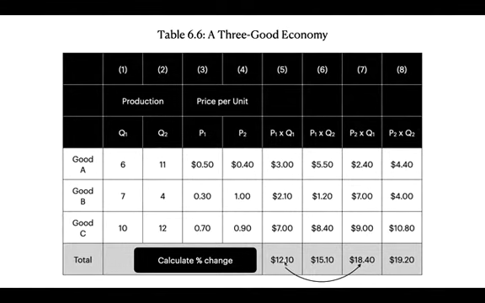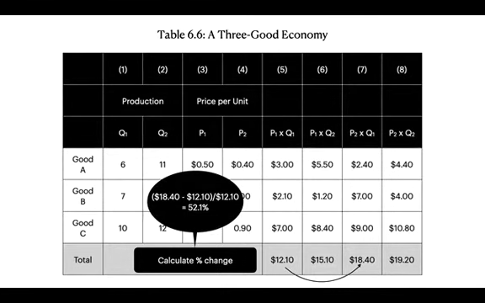So what we want to do is find the percent change between $12.10 and $18.40 to calculate the GDP deflator. We take the second year's GDP, using the second year's prices.